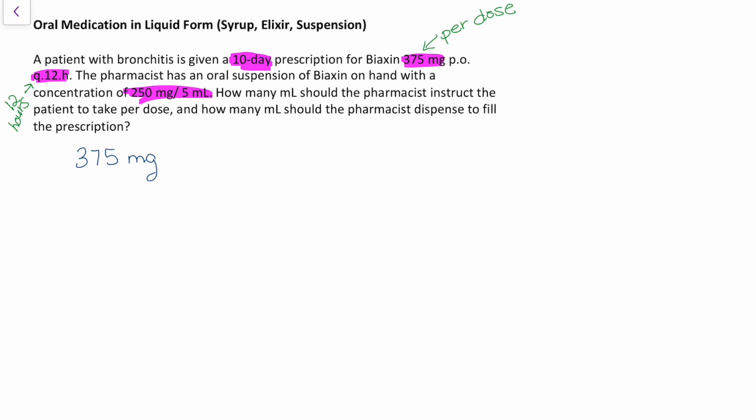I want to convert from milligrams to milliliters, and the strength is my conversion rate. So I'm going to multiply that, put my milligrams on the bottom, and my milliliters on top. And so on the calculator, what I'm going to do is do 375 times 5 divided by 250.